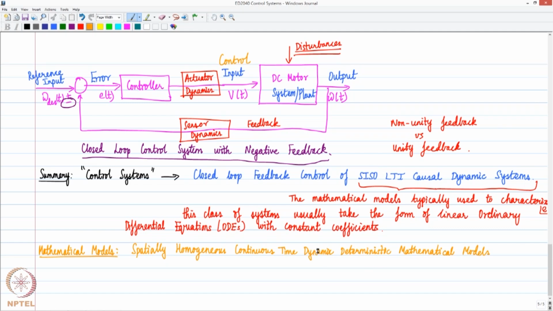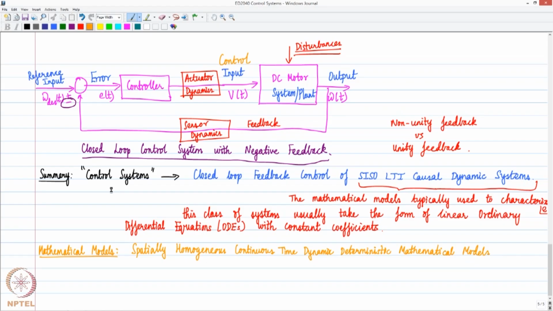A dynamic model explicitly considers future states of the system, and it incorporates what is going to happen to the system in future by incorporating derivatives of the variables. Deterministic means we neglect any stochastic effects. We do not consider variables as random variables, we consider all variables as deterministic variables, and we are going to have deterministic models. So this is the class of models that we are going to use.